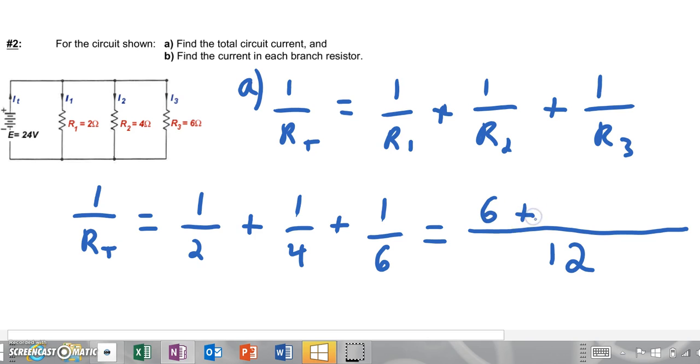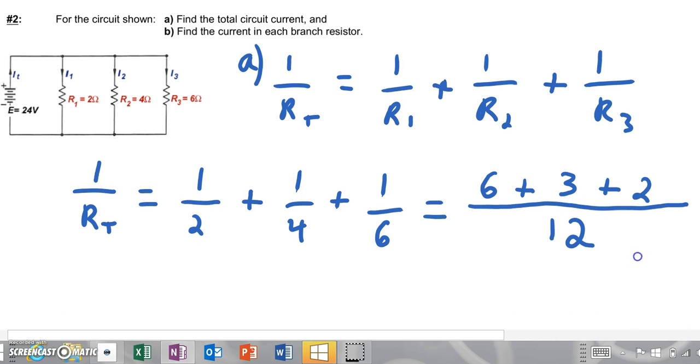Plus, 1 over 4 is equal to 1/4 of 12, which is 3. And 1 over 6 is equal to 1/6 of 12, which is 2. So we have 6 over 12 plus 3 over 12 plus 2 over 12, or like I've written it, 6 plus 3 plus 2 over 12.